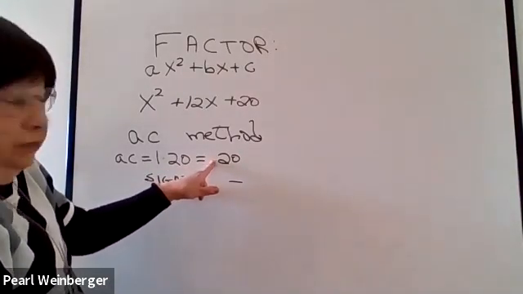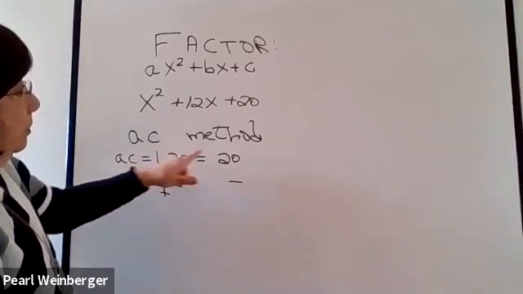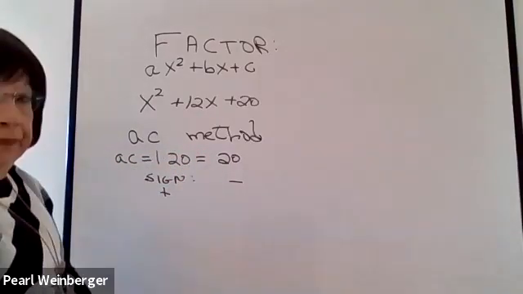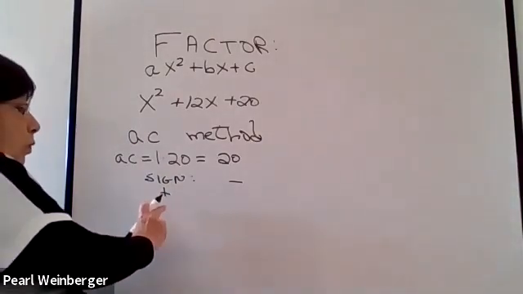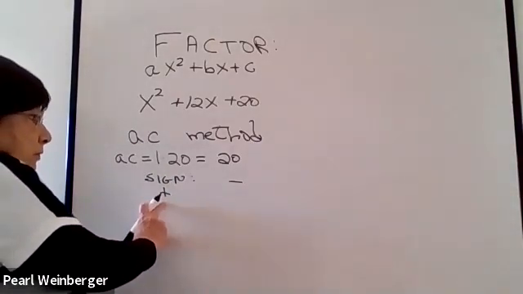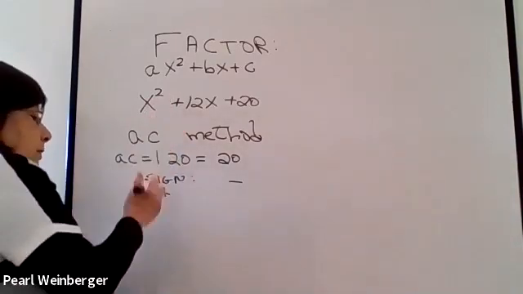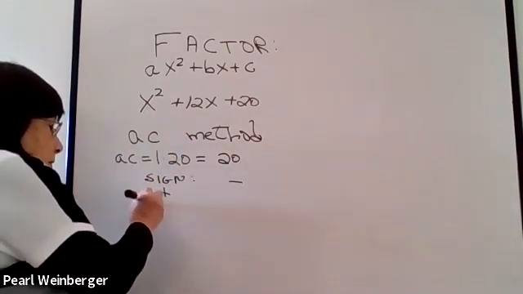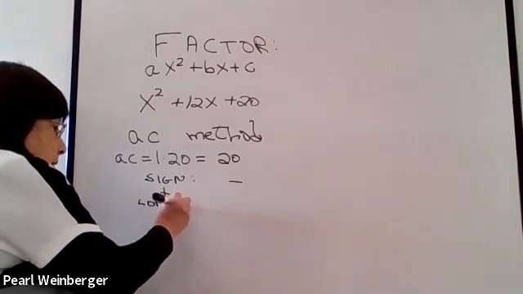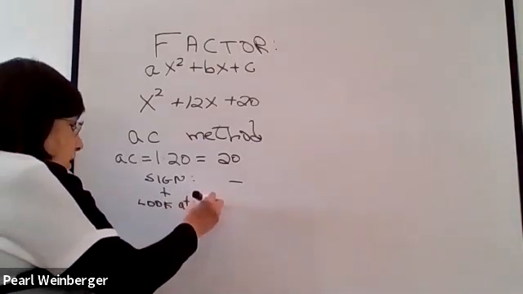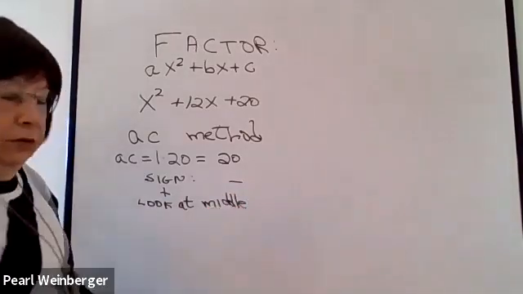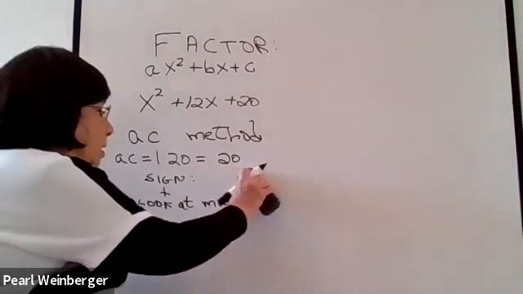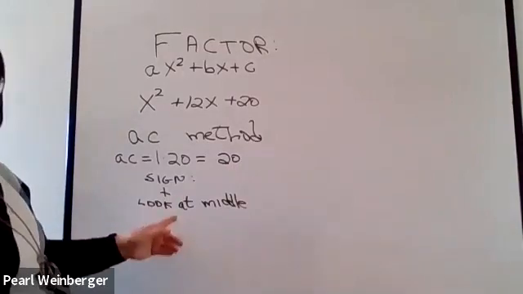In this case, the A times C was a positive sign. Here's what we do. When the sign is positive, we look at the middle sign.